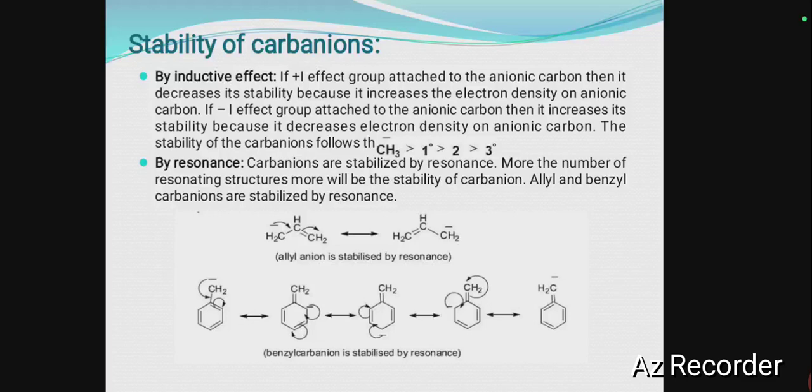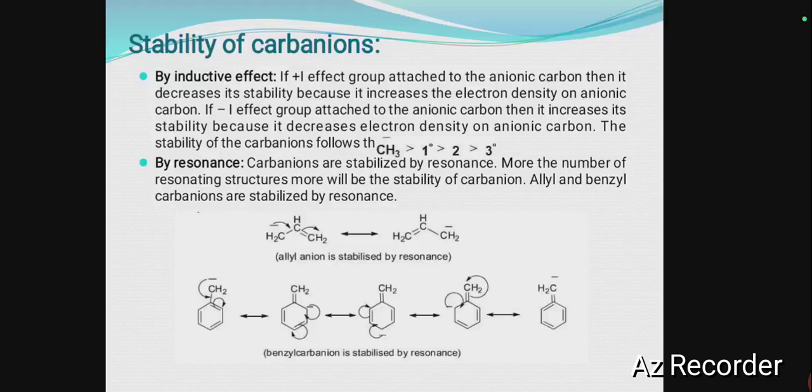The stability of the carbanions is given by: the methyl carbanion is more stable than the primary carbanion, which is more stable than the secondary carbanion. This is in turn more stable than the tertiary carbanion.